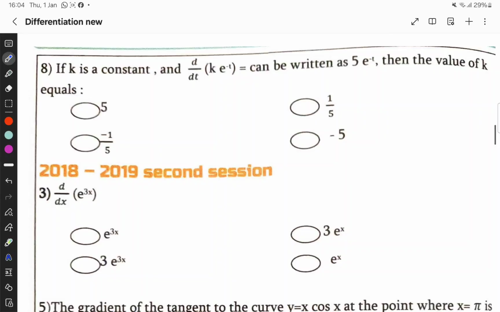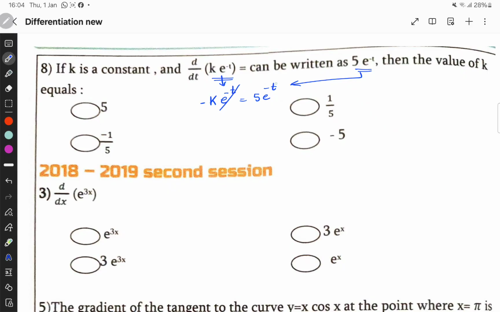Next question. If k is a constant and the derivative of that, if you get any question and answer, just differentiate and find the answer in the same form as the given. So the derivative of e will be copy paste, and the differentiation of the power is negative 1. He said all of that is equal to 5e to the power negative t.